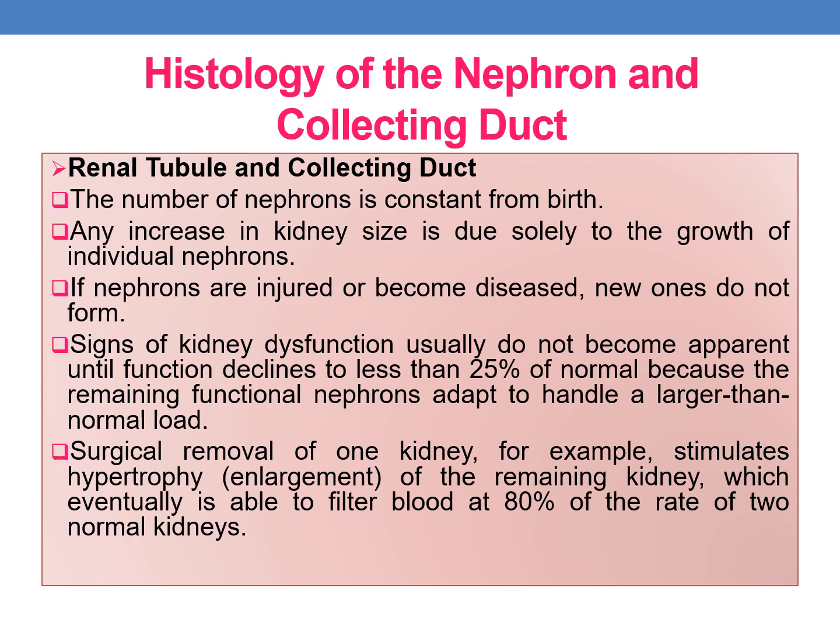Signs of kidney dysfunction usually do not become apparent until the function declines to less than 25% of normal, because remaining functional nephrons adapt to handle a larger than normal load. The surgical removal of one kidney, for example, stimulates the hypertrophy or enlargement of the remaining kidney, which eventually is able to filter blood at 80% of the rate of two normal kidneys.